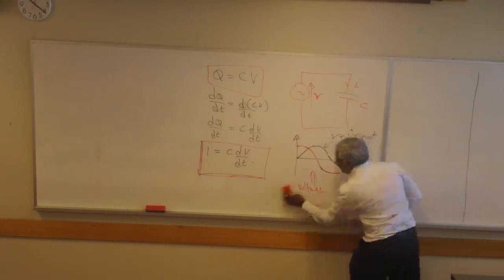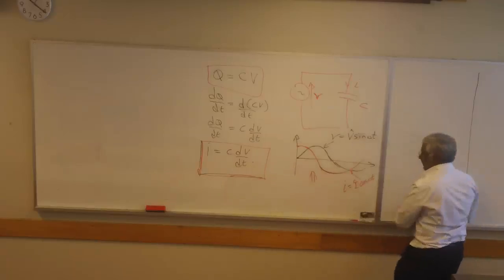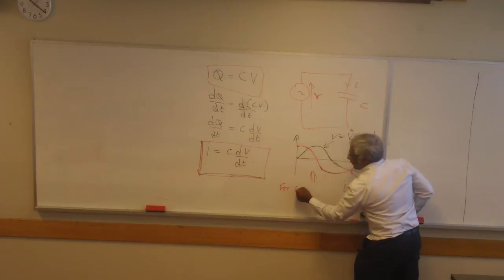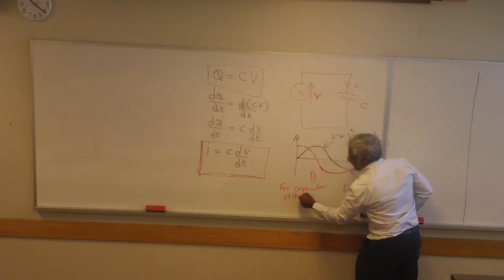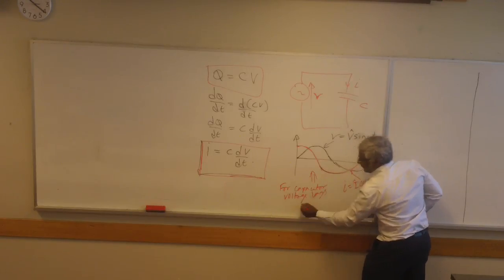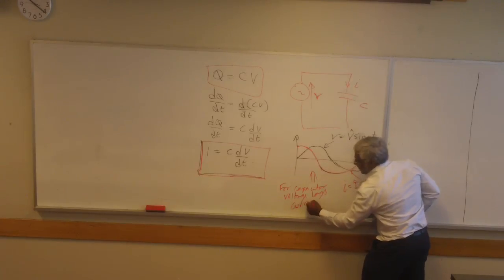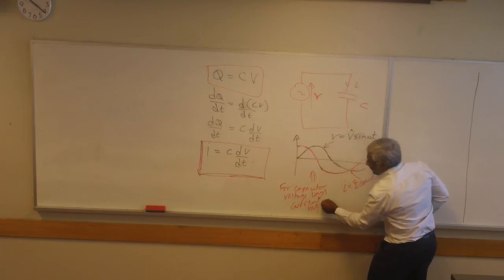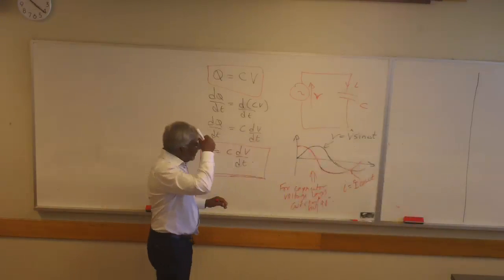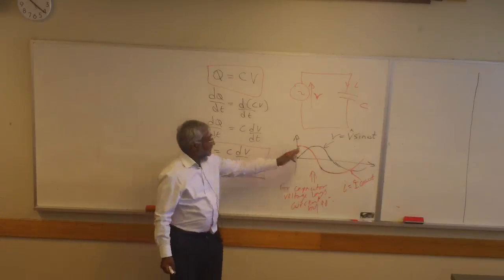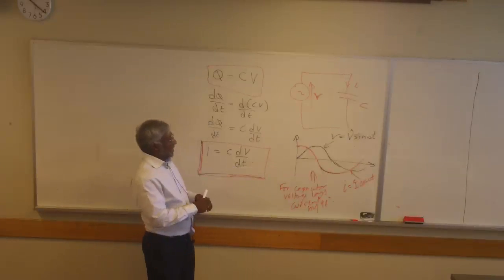I'll say for a capacitor, voltage lags current by 90 degrees. And you can see that there. For a capacitor, voltage lags current by 90 degrees.